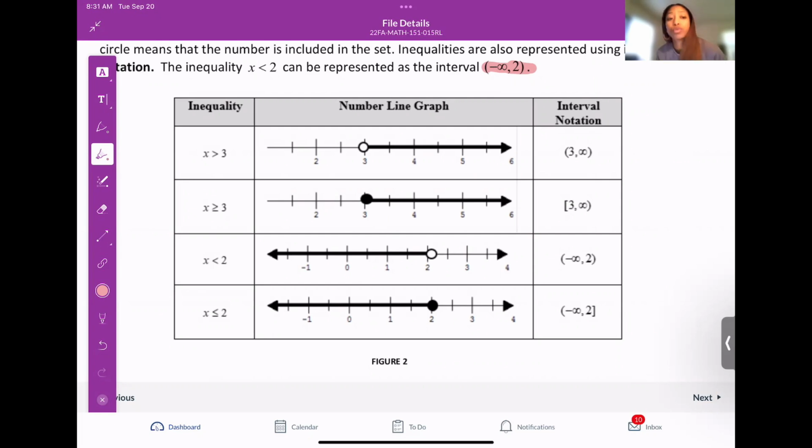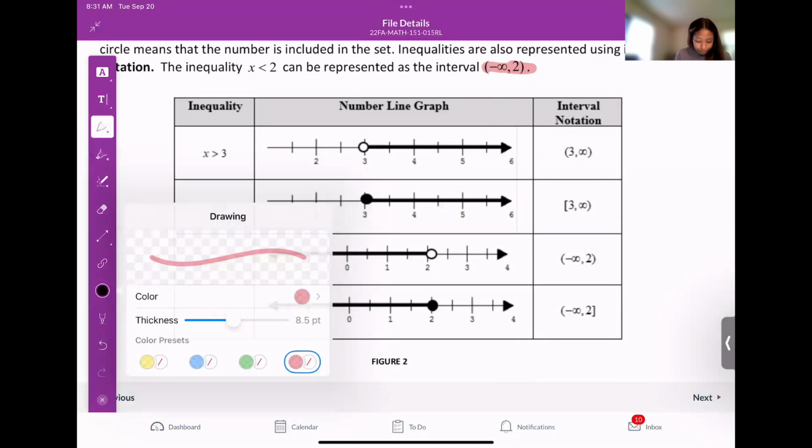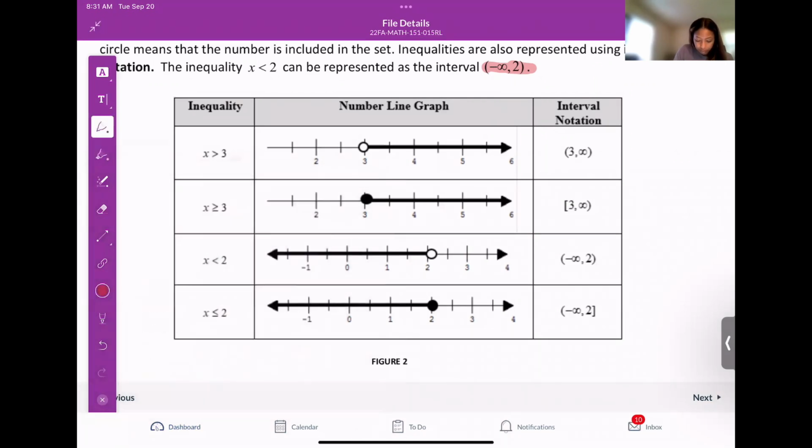Okay, so let's start with the first one. Actually, let's take it back a step. This one is a greater than symbol. And this one is a less than symbol. Okay, so the first one here says x is greater than 3.